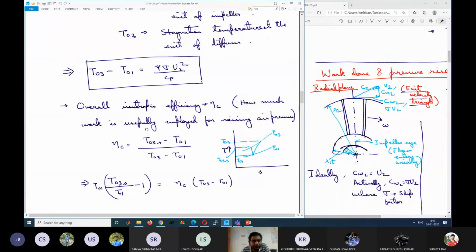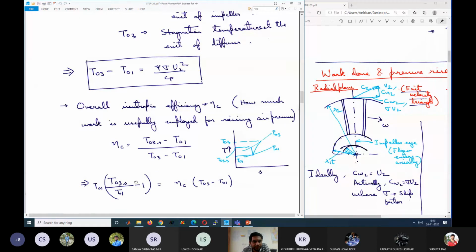So we can write T03s minus T01 as eta C times (T03 minus T01).